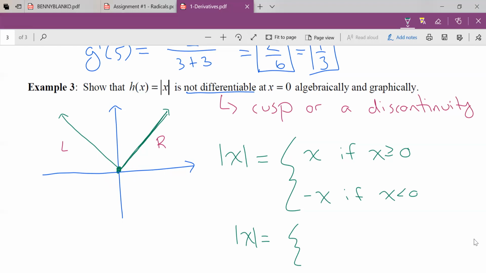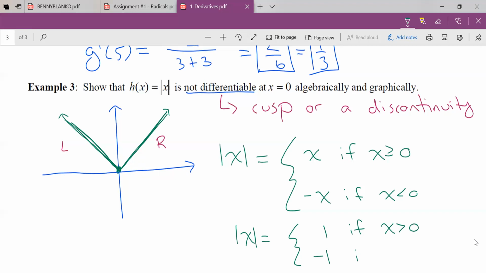The derivative is the slope of the tangent line. The derivative of that is 1. On the left, the derivative is the slope of the tangent line. So guess what? The slope of that tangent line is -1. So what we say is the derivative from the left is not the same as the derivative from the right. The derivative does not exist at 0.